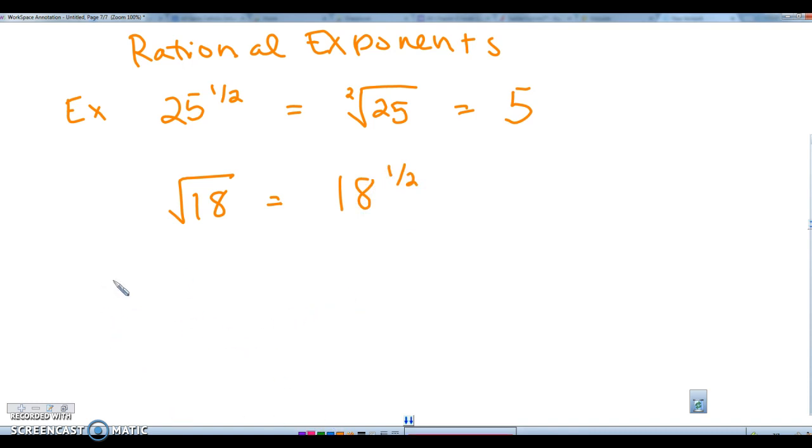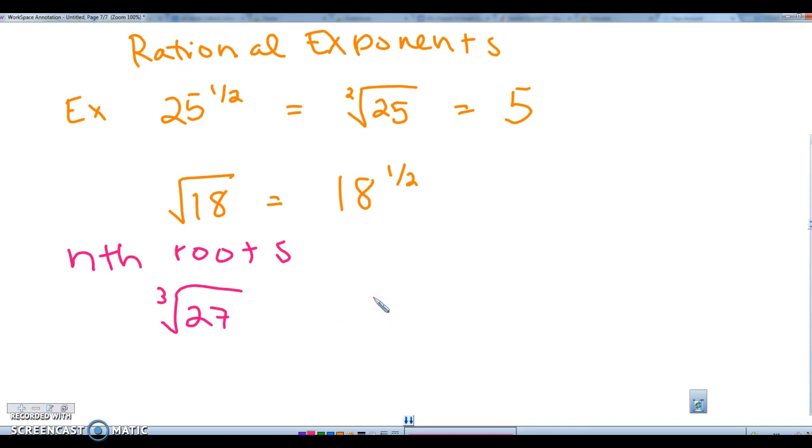Remember how I said the denominator could change? That's where we talk about nth roots. Okay? So let's say I have the cube root of 27. Did you know we could take the cube root? We can. So when I say nth roots and the cube root and all that, it doesn't have to be the cube root.